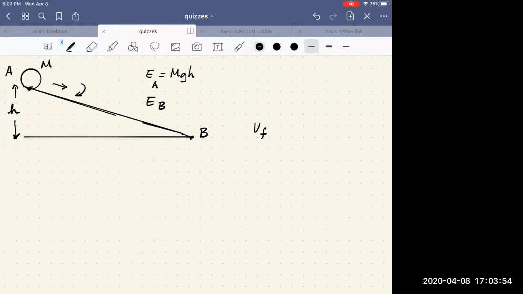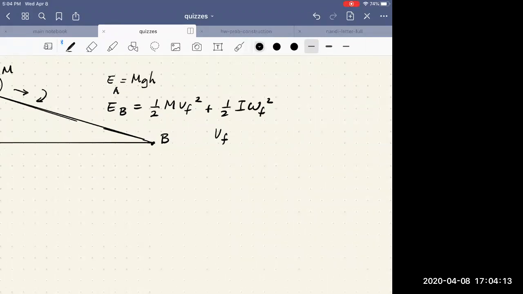based upon what we have just learned, is going to be 1/2 mass times V final squared, I don't know what V final is, plus 1/2 I times omega final squared. And because there is no slippage in this case, we can write V final is R times omega final.